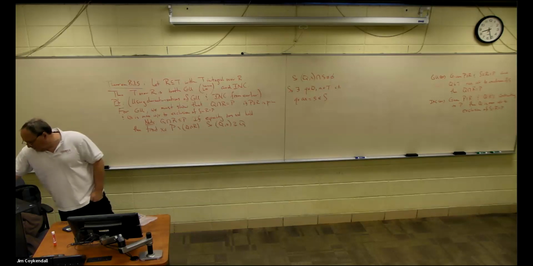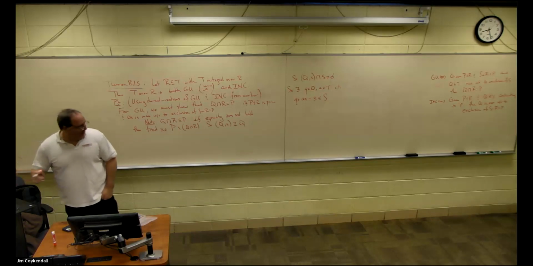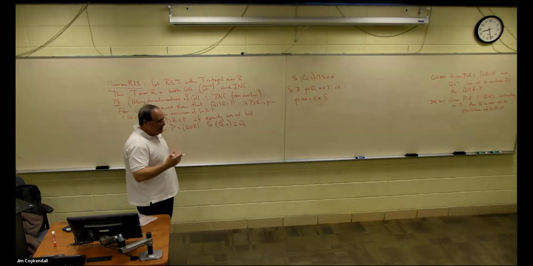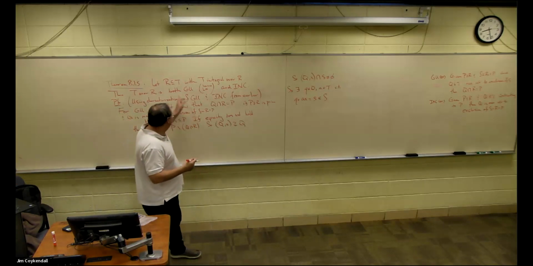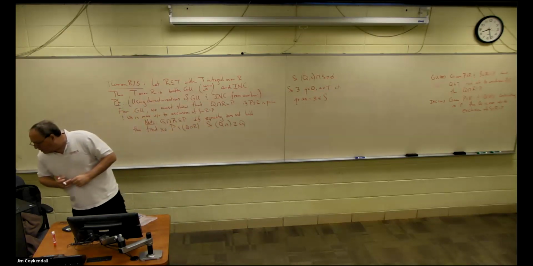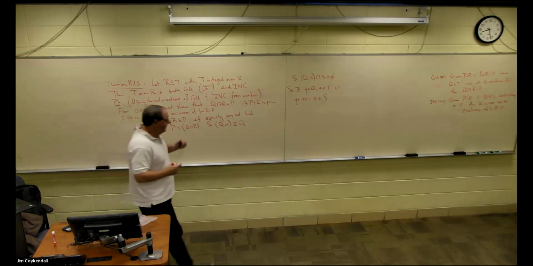Okay, so what do we know about a? Well, a is an element of T, and so by hypothesis, it must be integral over R. So I'm going to write an equation for integrality for a.